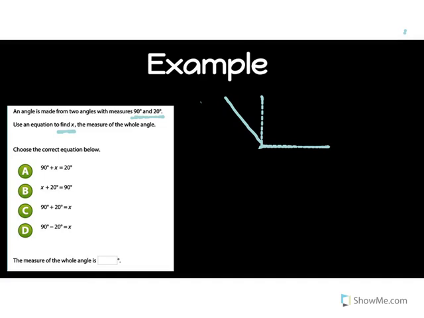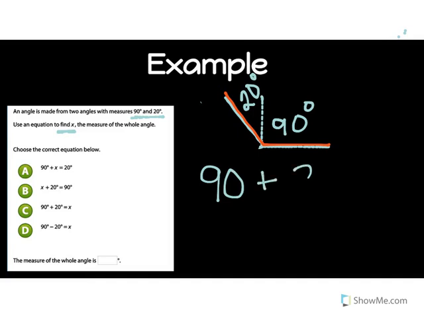Oh, so I'm trying to figure out how much this whole angle would measure. So this one is 90 degrees. This one is 20 degrees. I just need to put together the two angles. So I would do 90 plus 20 equals x. Let's look at our choices and see if that's correct. 90 plus x equals 20.